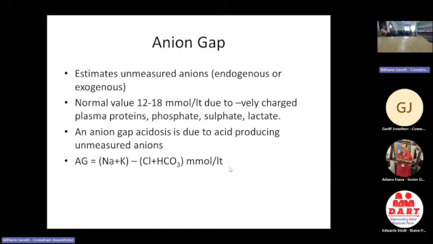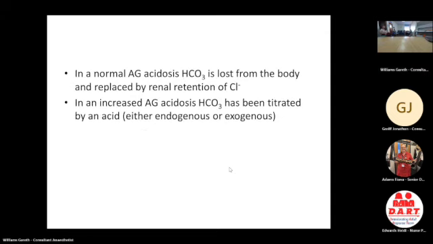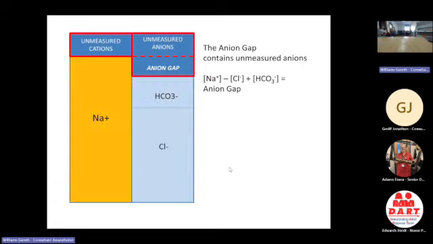Any acidemia, just have a quick look very briefly at the anion gap, and I've got some sort of pictorials. If it's a normal anion gap acidosis, then you think about bicarbonate losses, often replaced by renal chloride retention. Increased anion gap acidosis, think about, as I said, exogenous, endogenous acids. So that's the sort of normal position we'd expect to be in. We measure most of our anions.